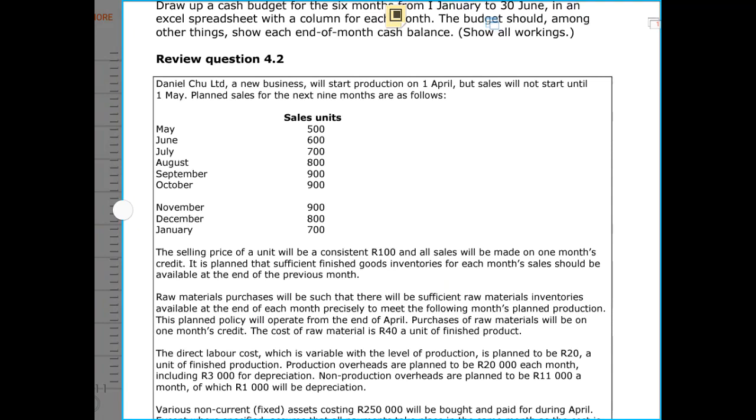It says Daniel Chu Ltd, a new business, will start production on the 1st of April, but sales will not start until the 1st of May.